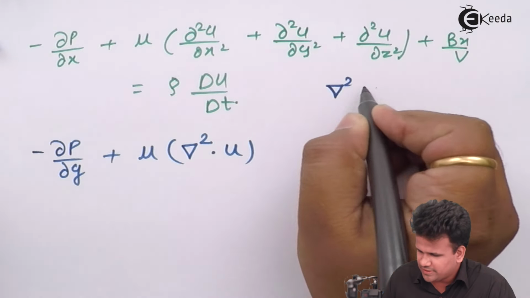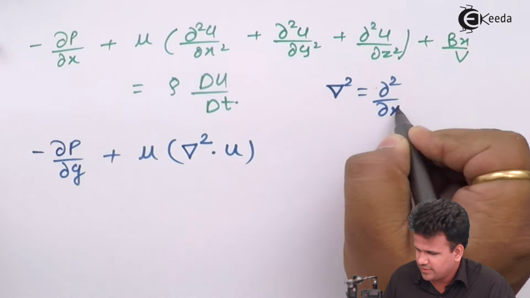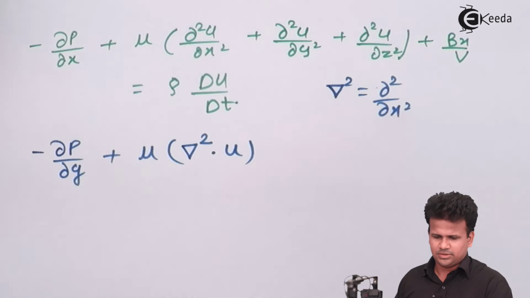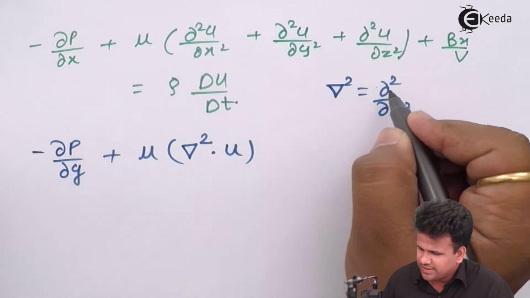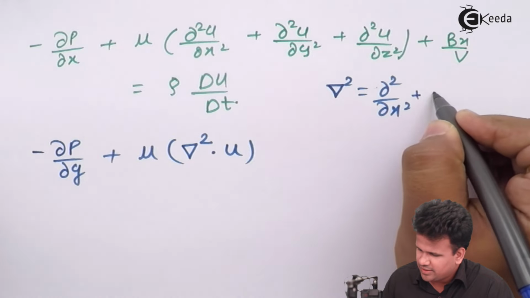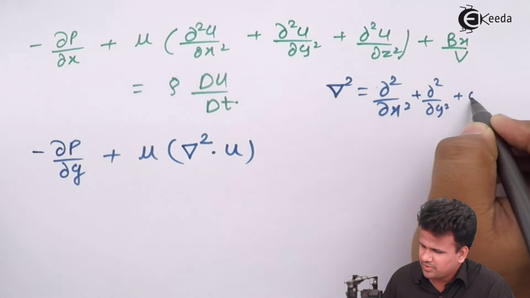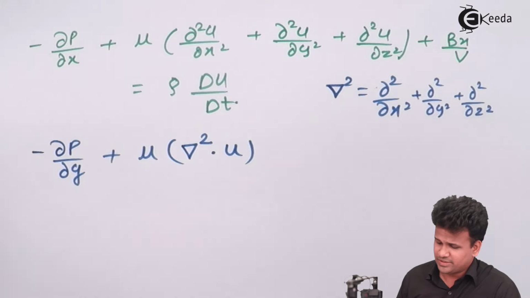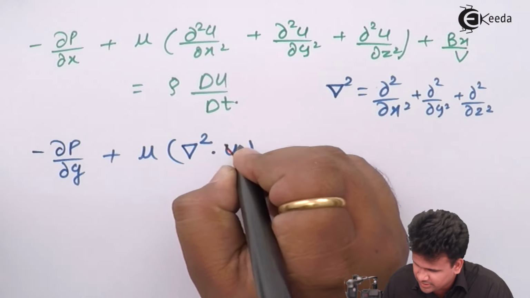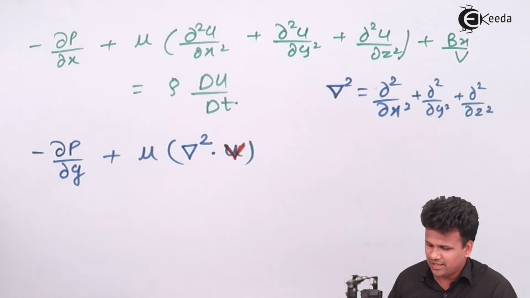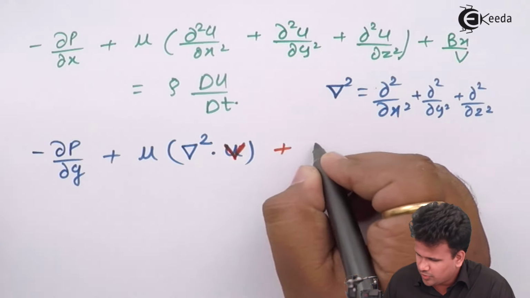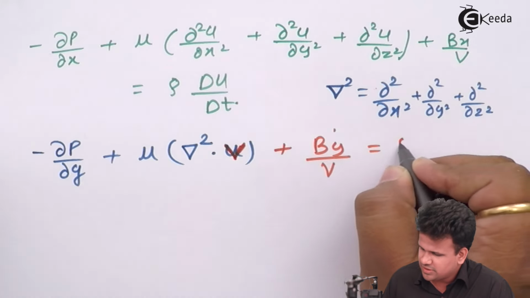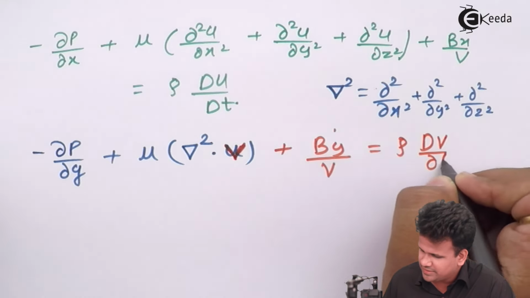Now del square operator is dou square upon dou x square, dou square upon dou y square plus dou square upon dou z square. Now this is multiplied with a variable along y direction, so hence we won't have u over here. We will have over here v plus body force along y direction per unit mass per unit volume. This is rho into dv by dt.